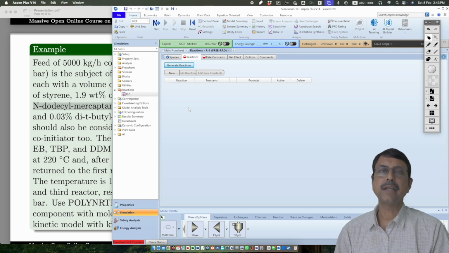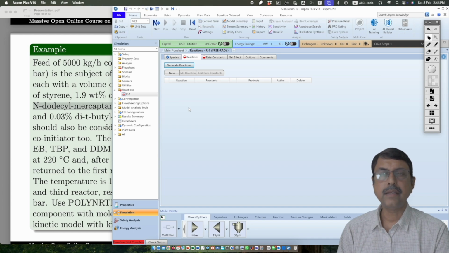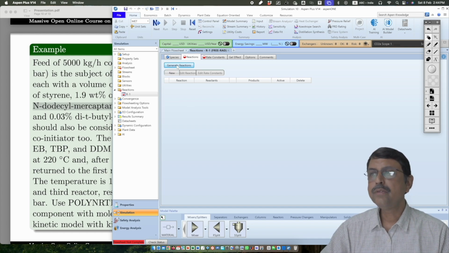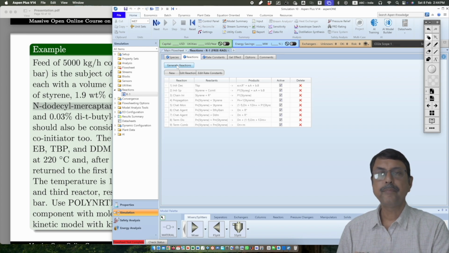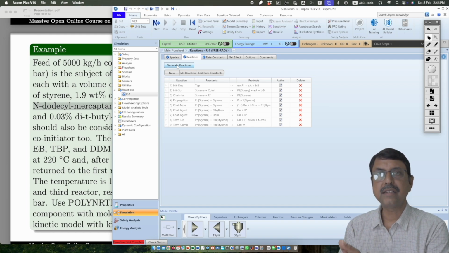Now go to the reaction. Now in reaction, you can painstakingly put the reactions over here one by one. But here one special option is there which you can use, that is generate reaction. It is very informative. You just click generate reaction and it will generate the series of reactions based on the monomers, initiators, co-initiators, transferring agents, whatever you have given.